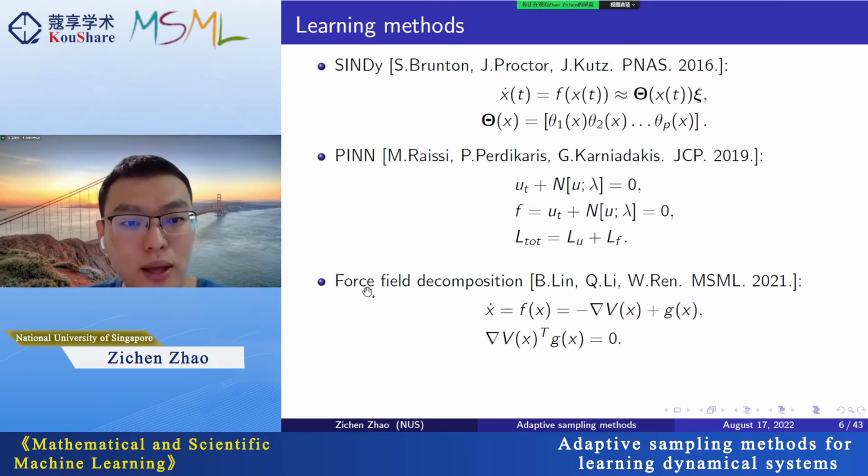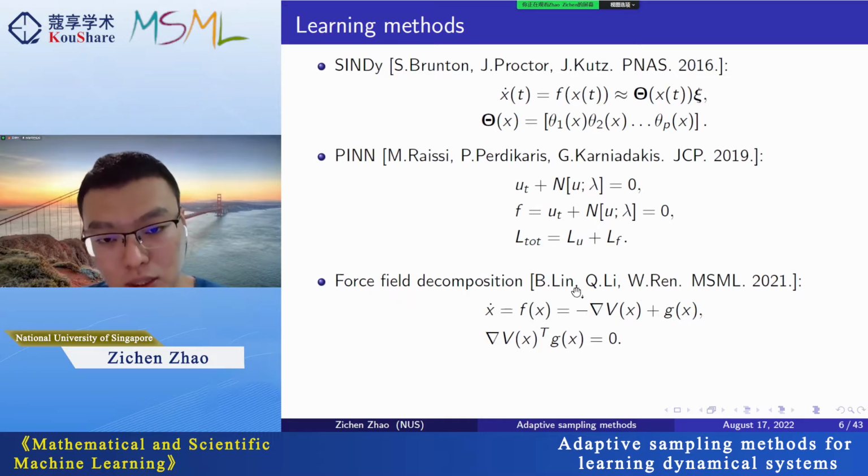And the last one is data-driven quasi-potential using vector field decomposition. Roughly speaking, the vector field F hat can be decomposed into two terms, which satisfy the orthogonality conditions.